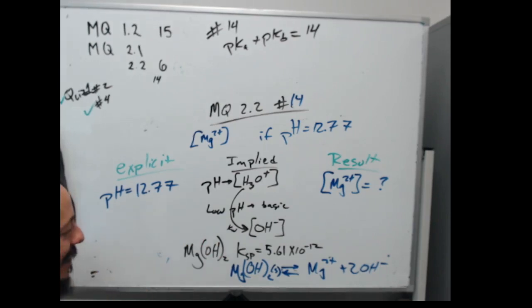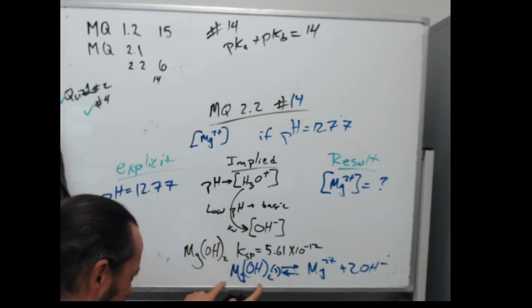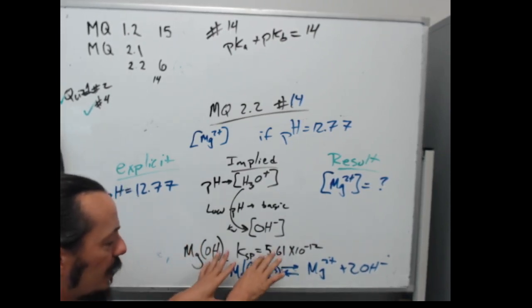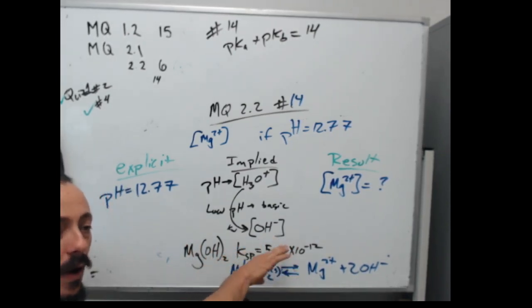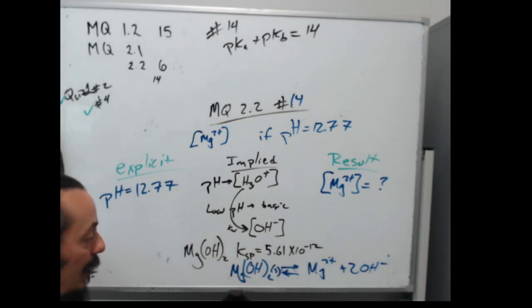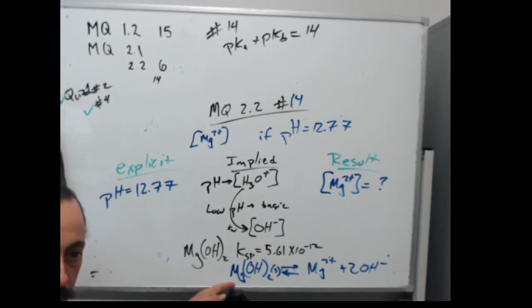Yeah. And for me, to make sure I don't mess this up, I often have to write down the chemical reaction and remember that all of our equilibrium constants are products over reactants. This small number means a small amount of products, which means mostly solids.